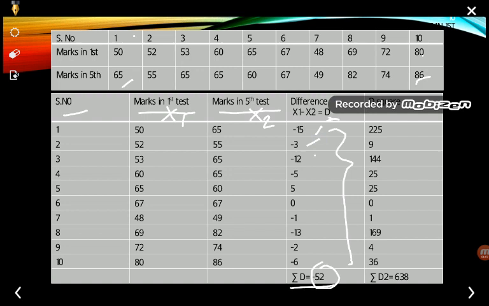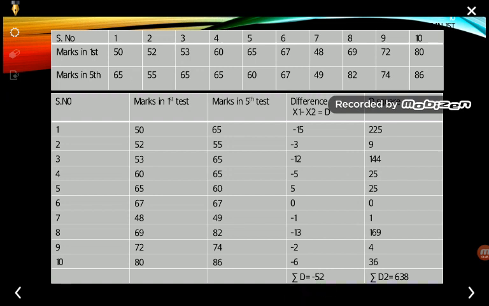Minus 15 plus minus 3, minus 18, plus minus 12, minus 5, and then the total of all the positives. First we have to add all the negative numbers and then the positive ones. Then we subtract the negative from the positive, or the positive integers from the negative. So here we get the summation of D as minus 52.